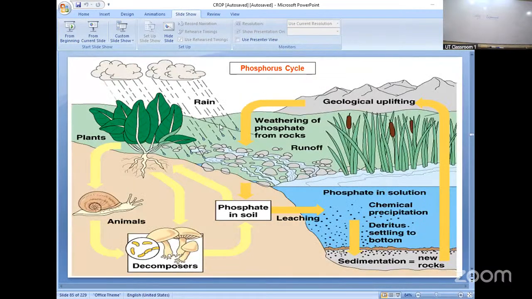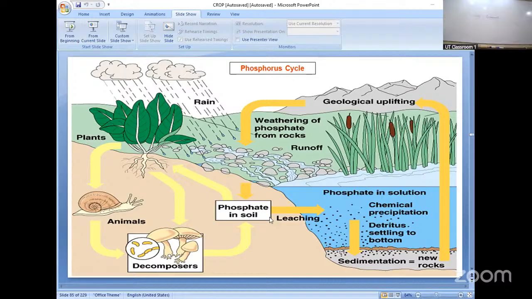This is the phosphorus cycle. You can see here, there's weathering of phosphate rocks, and geological uplifting. From plants, phosphorus is taken by animals, and decomposers release the phosphate into the soil.